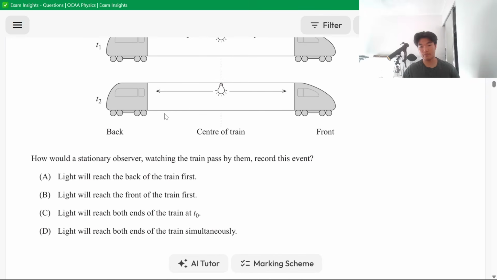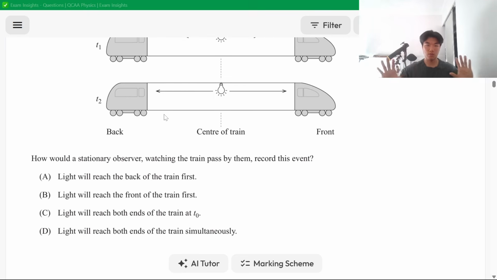This is not good. Because we know, according to the second postulate of special relativity, the speed of light is constant. So the light that turns on will travel left and right simultaneously at an equal speed, but the train is actually moving.